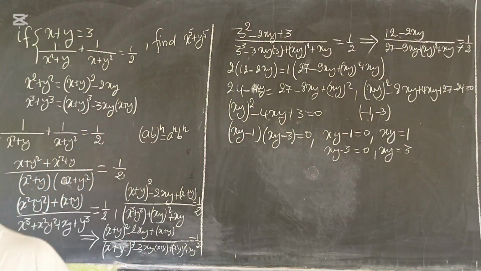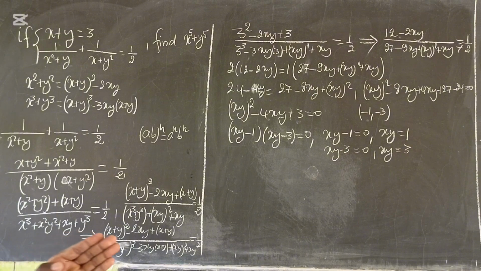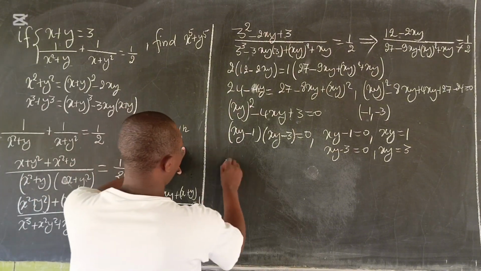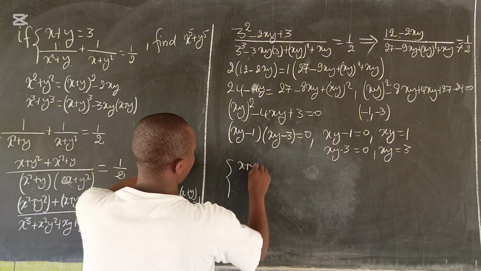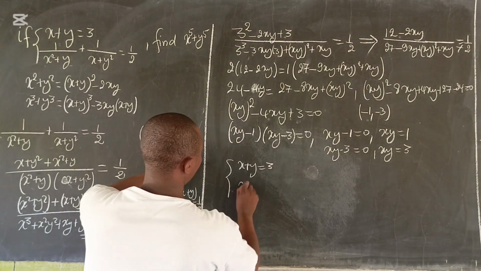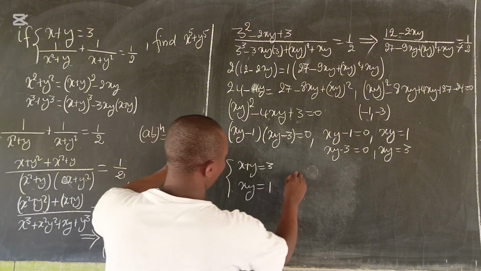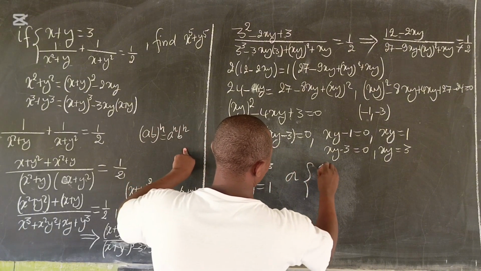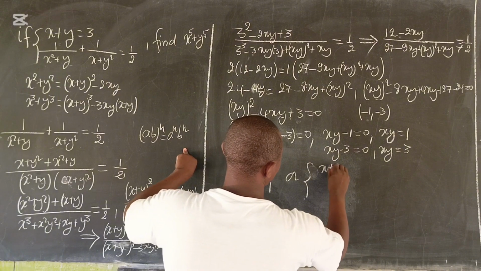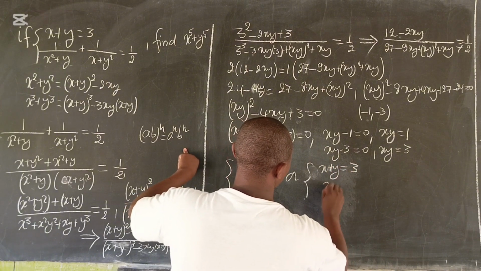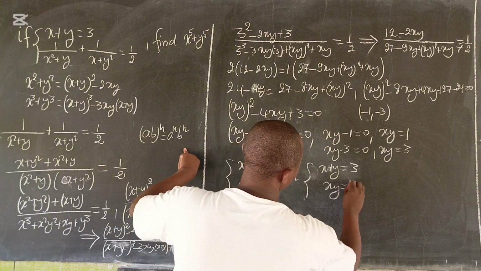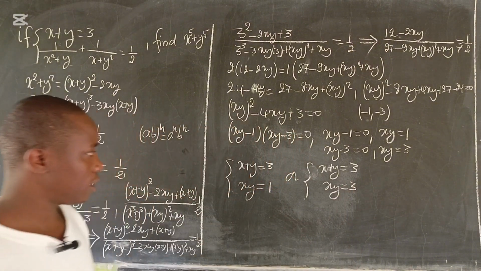We have two xy values. This is to say, we have two cases: x plus y is 3 and xy is 1, or x plus y is 3 and xy is 3.